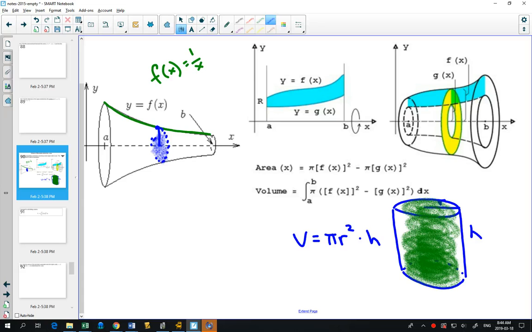And depending on which point I use, like if I use this point right here, that would make a bigger circle. And so as I move along the curve, I have a bunch of different circles to make.